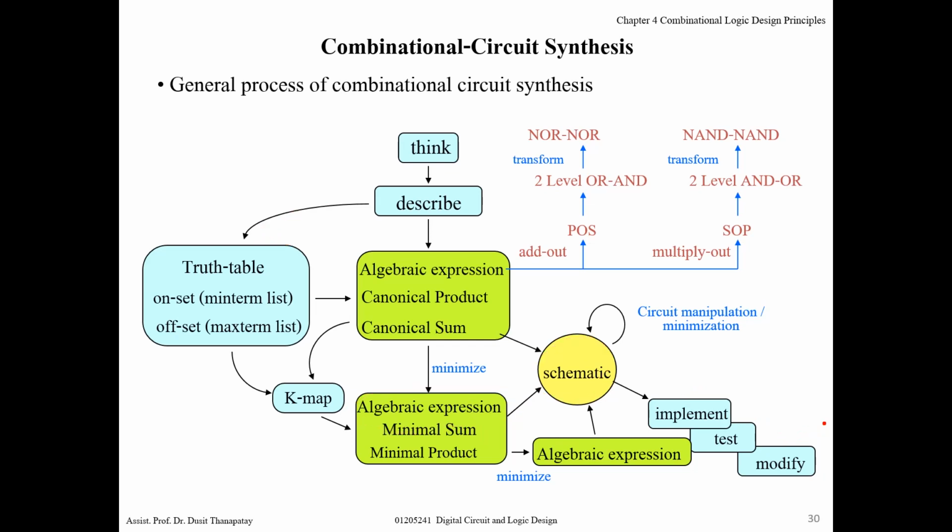But to reduce the cost, you must reduce the number of variables, right? Number of operators. Namely, you must reduce the number of logic gates. So now, how to reduce? Here, this is the point of this chapter. Namely, not only obtain the function that works as you want, but you must implement the circuit with the lowest cost, okay, if possible.